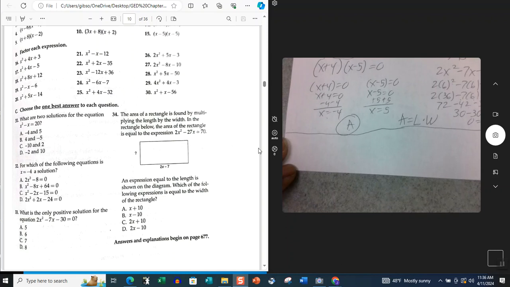Because remember, when you multiply this last value by the last value here, it must give you a positive 70. So this is negative 7 times positive 10. We know that's going to be a negative 70. So A doesn't work. We have a negative 7 times a negative 10, which is positive 70. So we know B is a potential.